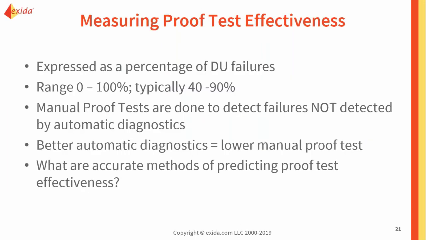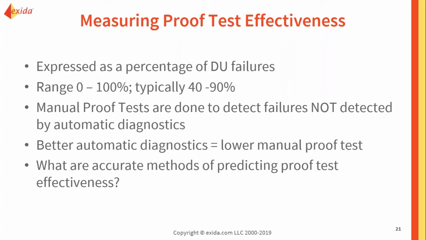So how do you accurately measure your proof test effectiveness? Well, one of the most accurate methods of predicting proof test effectiveness is to review all of the components in a product, look at their failure modes, and record or test each particular manual proof test.